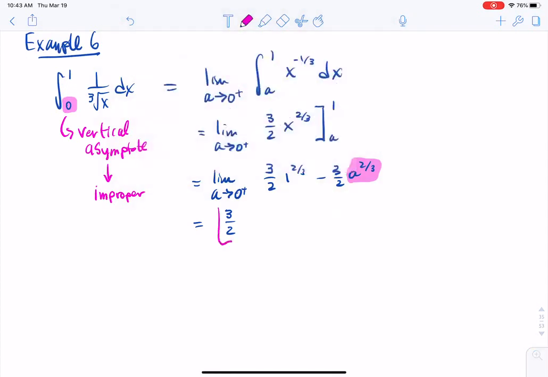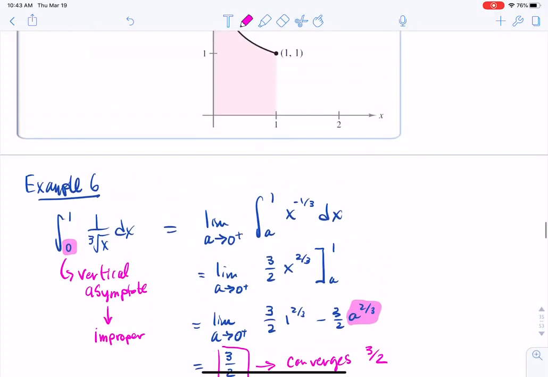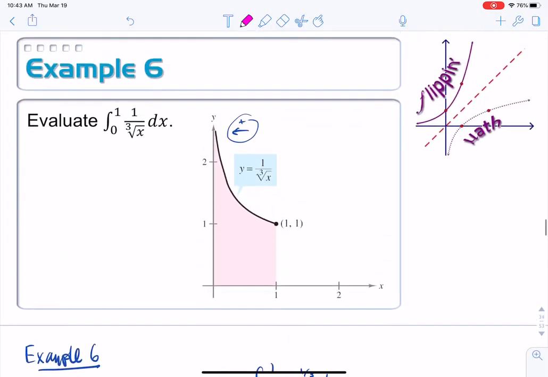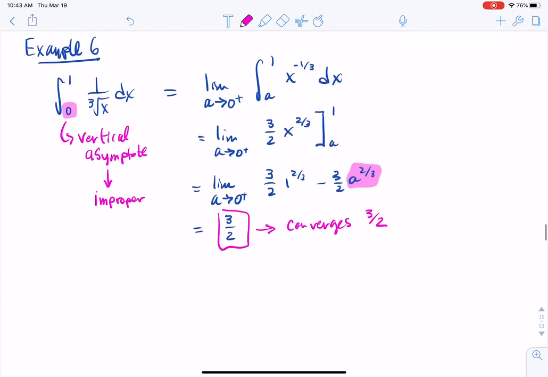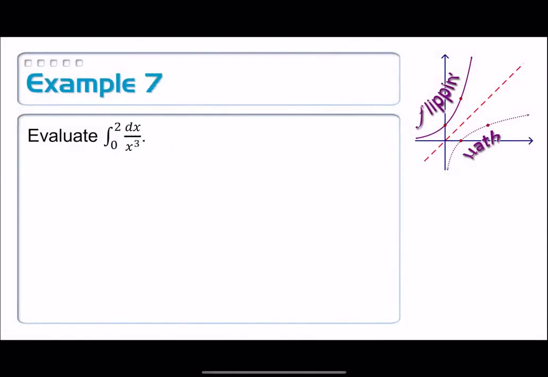It's been eliminated, and there's our final answer. So we're going to say that our definite integral here converges to 3/2. And again, the graphical evidence here seems to point towards the fact that it collapses to the axis quick enough that it actually does converge to 3/2. Let's take a look at another one here.